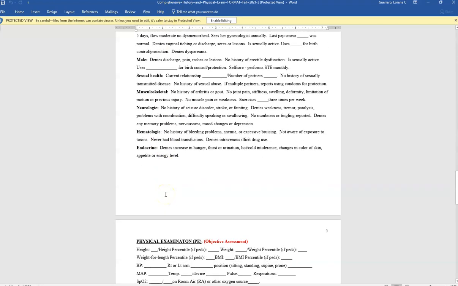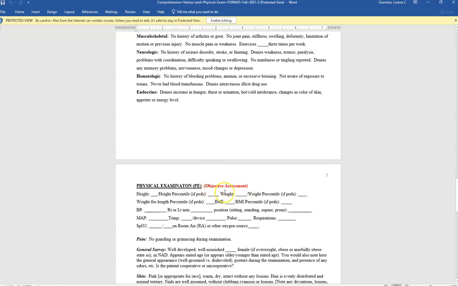Remember I said in class, that means this is information that the patient has shared with us, whether you asked as the nurse or it came from perhaps the provider.